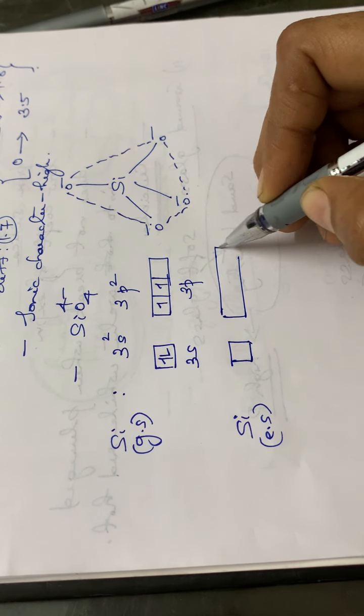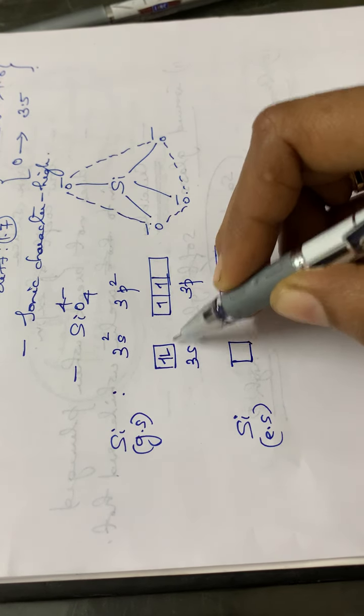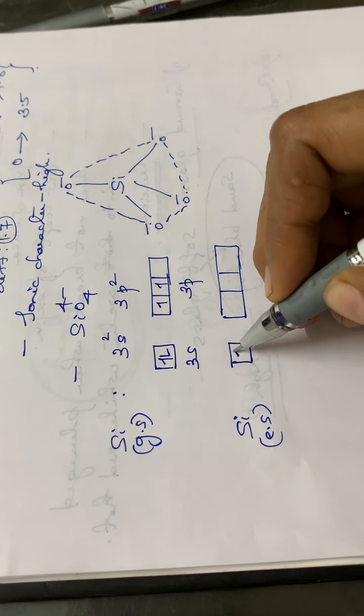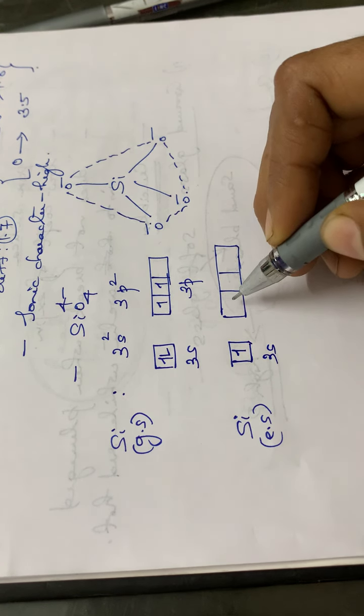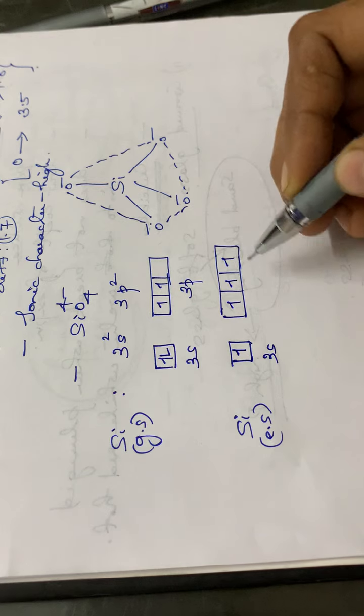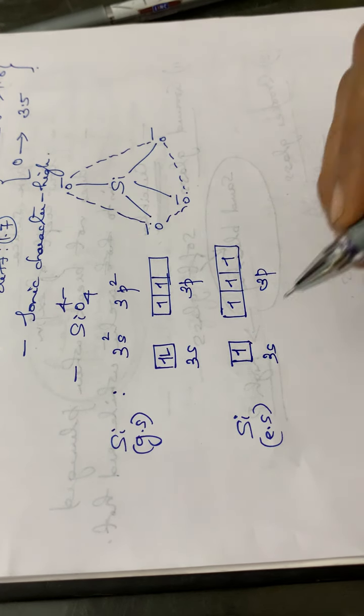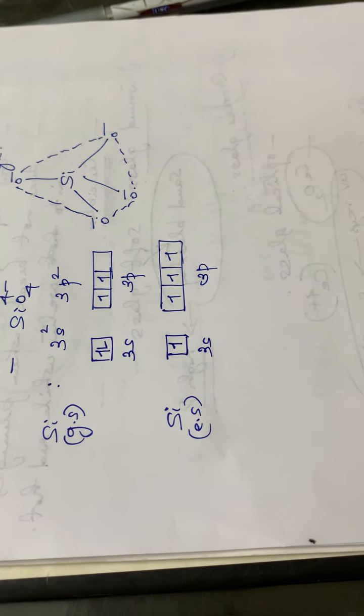On excitation, one electron moves to 3pz, so we have 3s1, 3px1, 3py1 and 3pz1. This is the excited state electronic configuration of silicon.